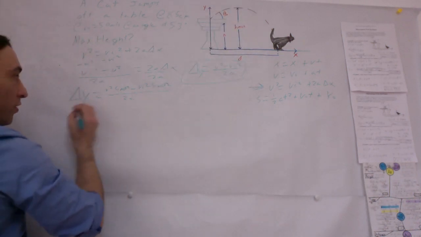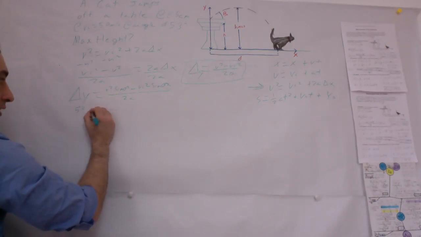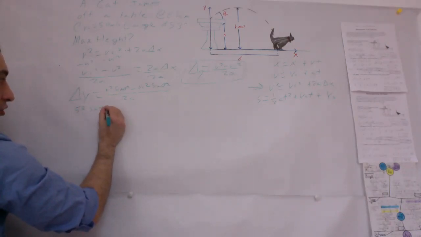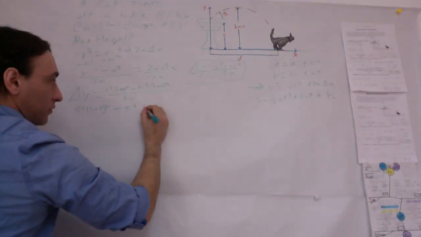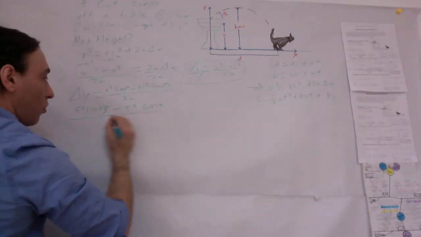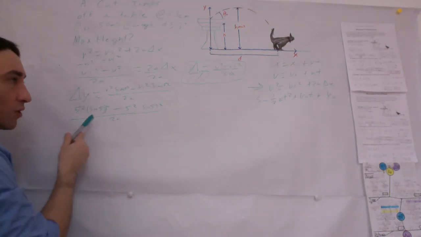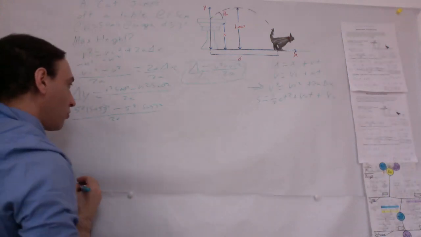Now, from there, just go ahead and plug in the information that you know. 5 squared sin 53 squared minus 5 squared sin 53 squared, all over 2a. Now with sin 53, it gets treated as parentheses, meaning that it needs to get completed first.